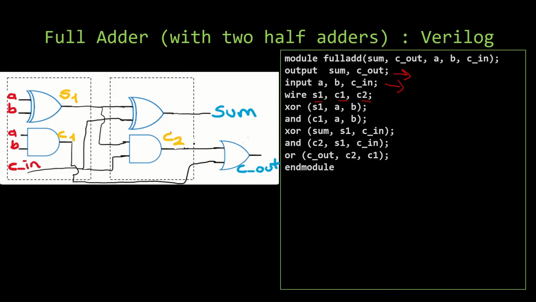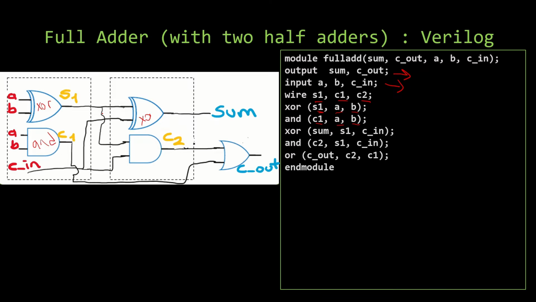Then we are going to be defining the 5 logic gates that are in our circuit. So first we have our XOR here, which is defined with A, B inputs and S1 output. Then we have our AND logic gate, which is defined as C1 output, A and B inputs.